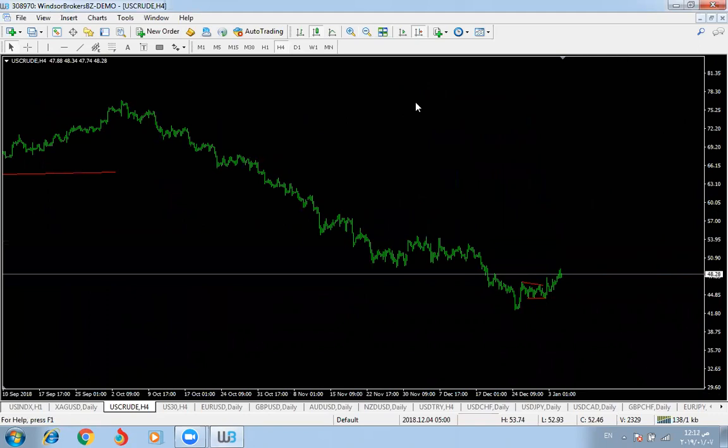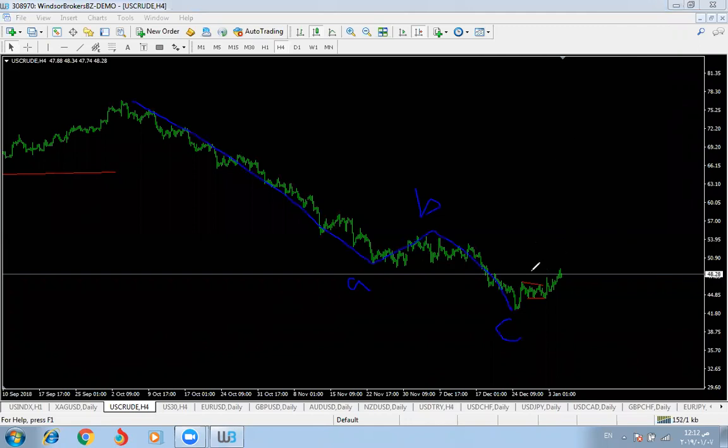I will show you how. This is wave A, this is wave B, and this is wave C. So I'm not expecting the price to make this symbol ABC and start pushing to wave 3 or wave C.